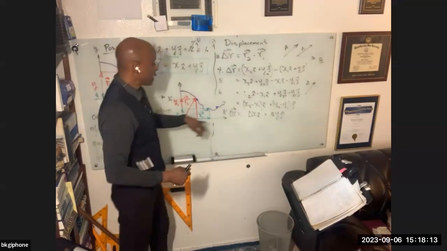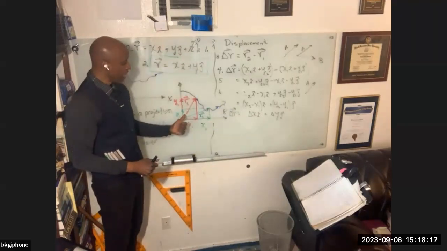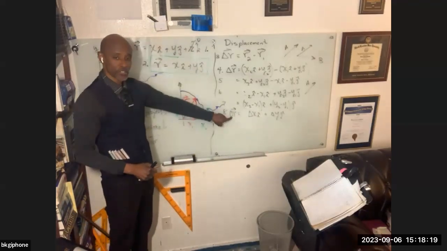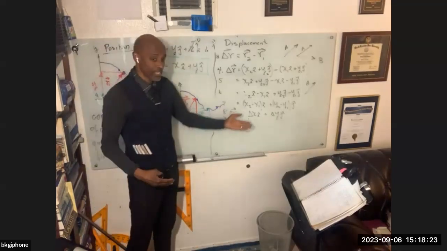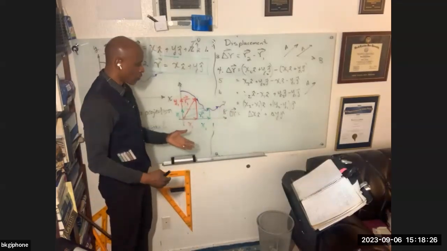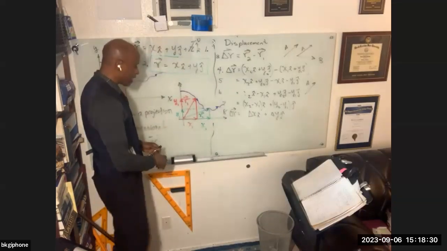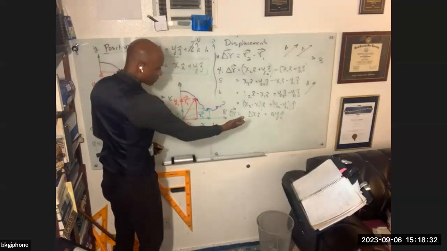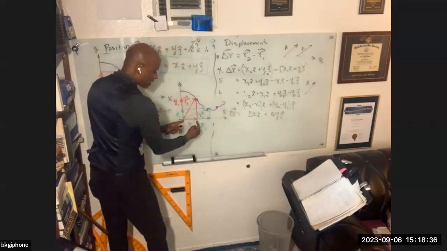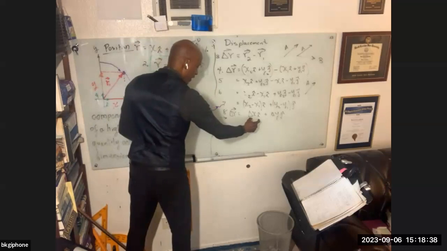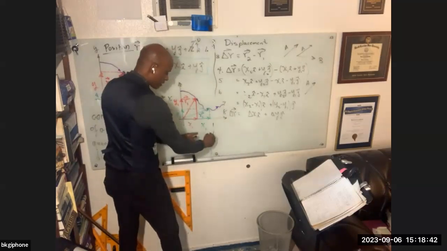So now that we have shown that quantitatively, I promised you I was going to come back over to this graph and show you where that delta R is, like what it looks like, because now we can see quantitatively that it's not the same as X or Y or even delta X or delta Y. It's related to it, right? Delta X is going to be, well, actually, let me show you all of it. So this distance is X1, this distance is X2. So what is delta X? Well, it's that minus that, which is this, right?